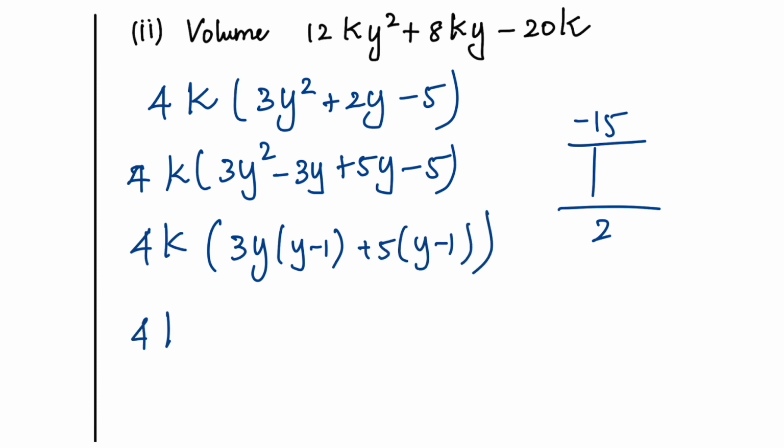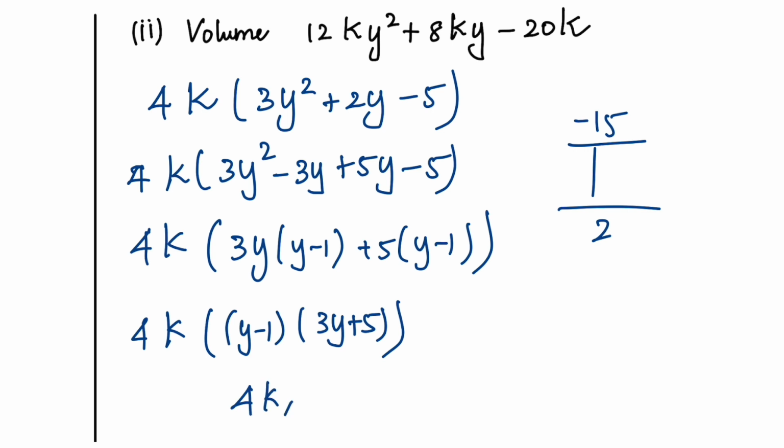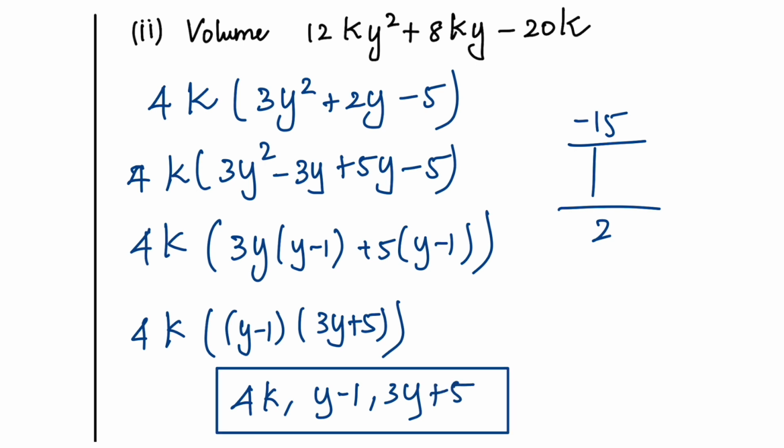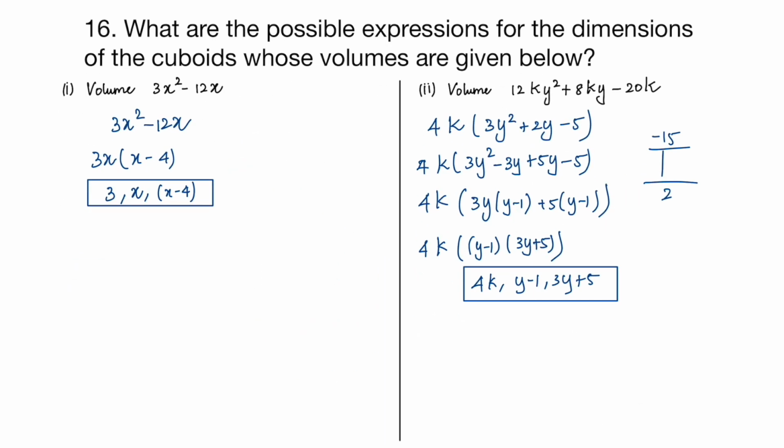Again 4k into, you can take y minus 1 as a common factor here, and that leaves you with 3y plus 5. So these are the factors that we have. 4k is one factor, y minus 1 is another factor, and 3y plus 5 is another factor. These can be possible values of length, breadth and height.